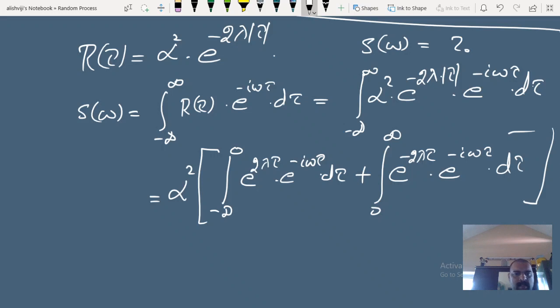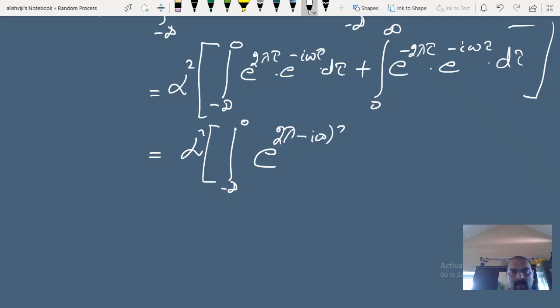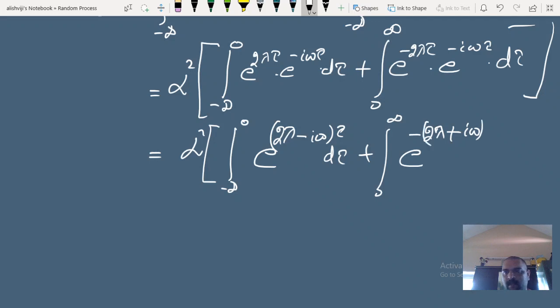So that's equal to alpha square into, after simplification, the integral from minus infinity to 0 of e to the power 2 lambda minus i omega into tau d tau, plus the integral from 0 to infinity of e to the power minus of 2 lambda plus i omega into tau d tau.